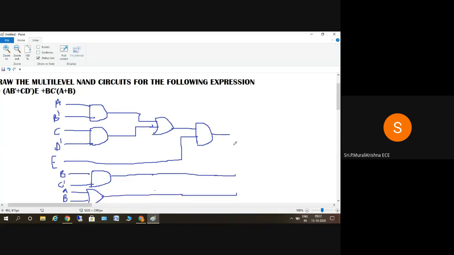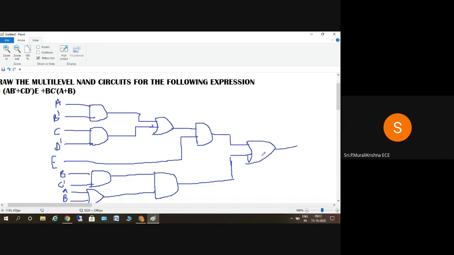What we got in the earlier one is given to an OR gate, because the OR gate is used for addition here, and these two should be multiplied. So till now this is clear?